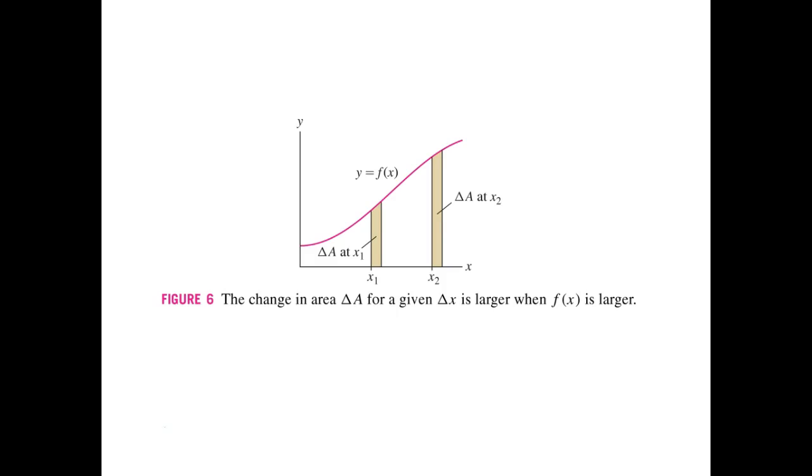Here's what they're trying to say here. If this is your curve, y is equal to f of x, and you're talking about the incremental area under the curve, at x1, when the function is a smaller value, the incremental area is less than it is for the same delta A at a larger value, when that's an increasing function.